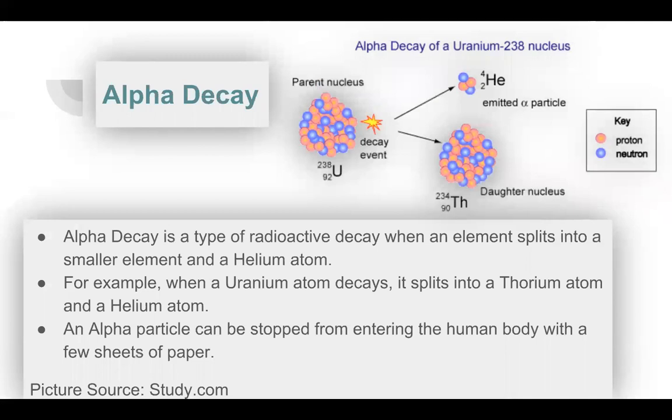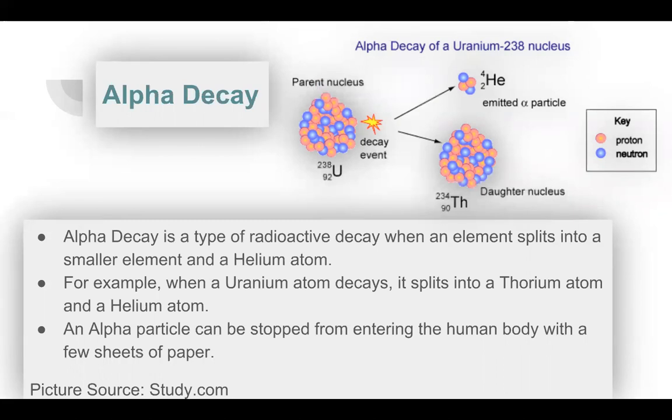There are three types of ways that radiation can occur: through alpha decay, beta decay, and gamma decay. Alpha decay is basically when an element throws out a helium atom, a helium nucleus, and turns into a smaller element.